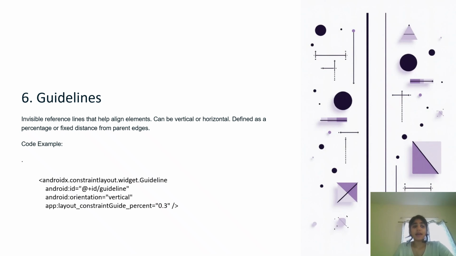Next, Android orientation sets the direction of the guideline. And next, app layout constraint guide percent places the vertical guideline at 30% of the total width of the parent layout. It means the line will appear 30% from the left edge of the screen, and we are going to close the guideline tag since there are no inner elements.